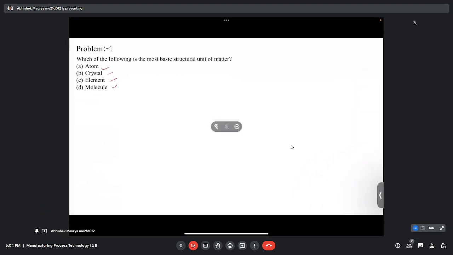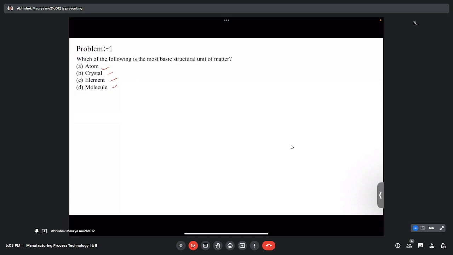Okay. So first of all, let's try to see. If we see what is the atom, this is the schematic of an atom. We know atom is made up of some constituents like electron, proton, neutron. It has nucleus.